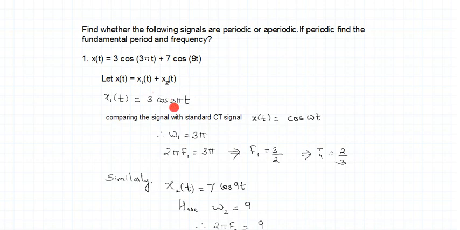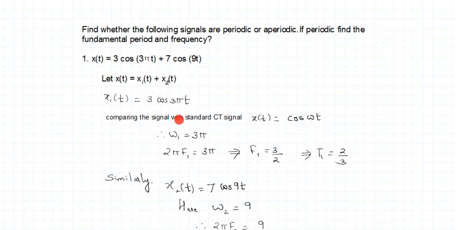We proceed the same way as before, comparing the signal with the standard CT signal x(t) equals cos of omega t. I am interested in getting the omega value, and I observe that omega is 3 pi.